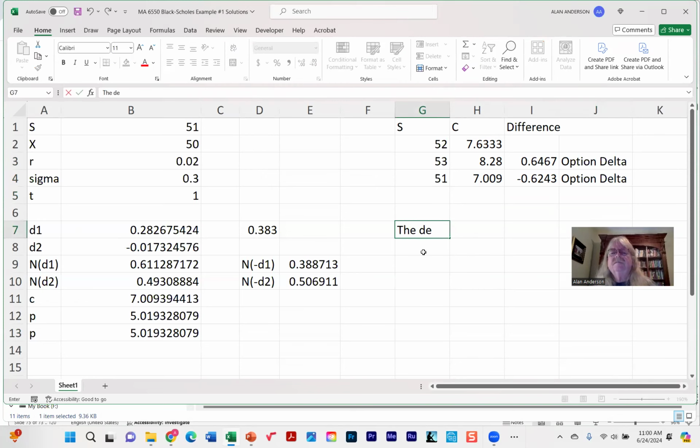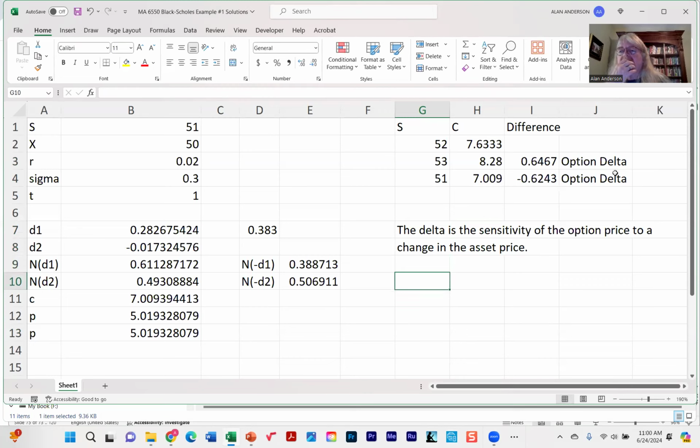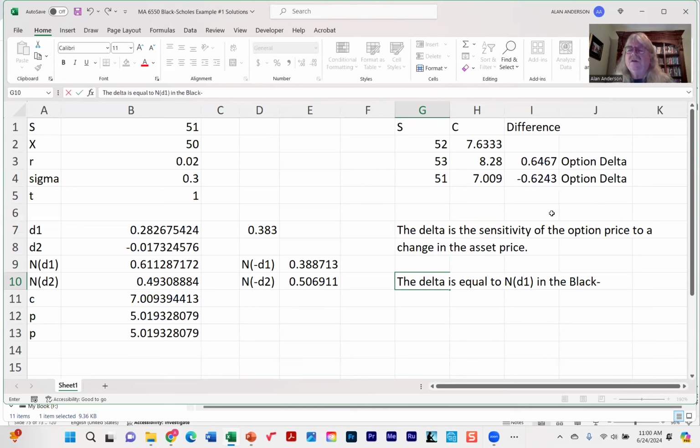And so the actual delta of this option, now here's an interesting twist. The delta is the sensitivity of the option price to a change in the asset price. It's just that simple. Now, interestingly enough, if you look at your Black-Scholes formula, delta is equal to N(d1).